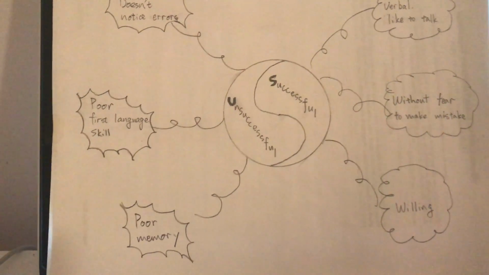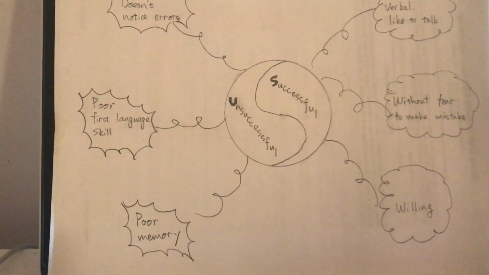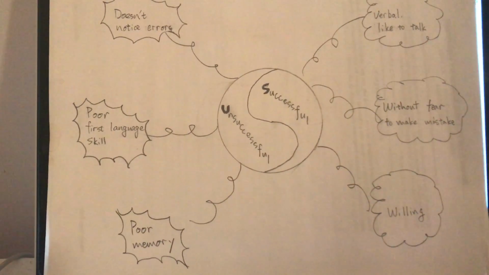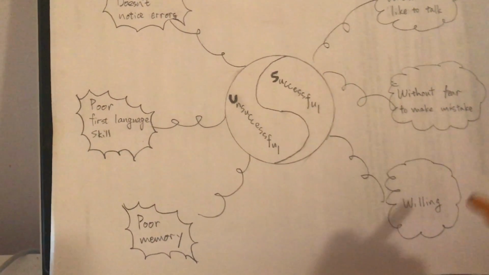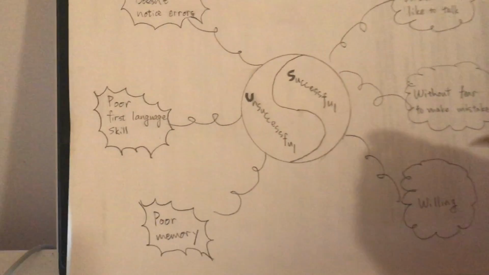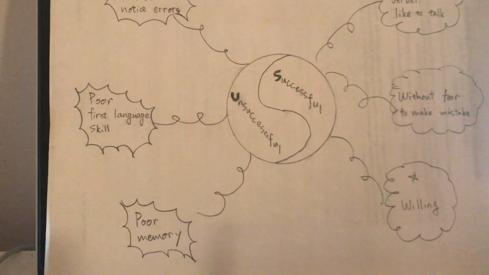So willing is the original motivation to be successful. So the students must be willing to be a successful student. So I think this one is very, very important. So I will write the star here. Yeah, this is a very important one.